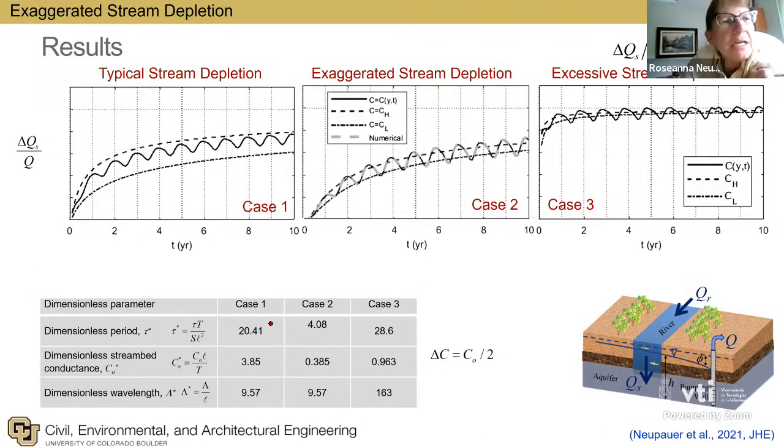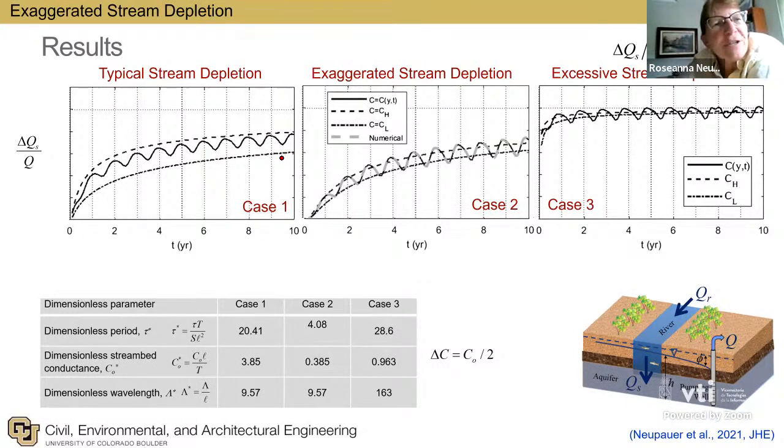So what I'm showing on each of these plots is, on the horizontal axis, time, over 10 years. On the vertical axis, it's stream depletion, normalized by the mean pumping rate. I guess we only have one pumping rate here, so by the pumping rate. And there are 3 lines on each plot. The solid line is the stream depletion when we have this periodic fluctuation in space and time of the stream bed conductance.